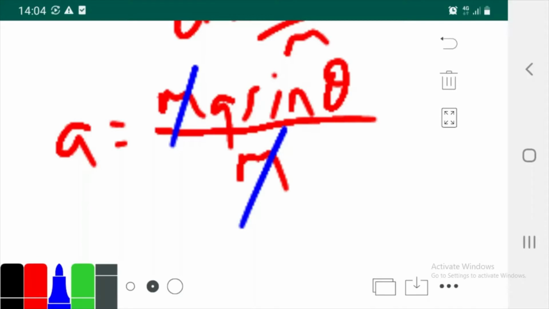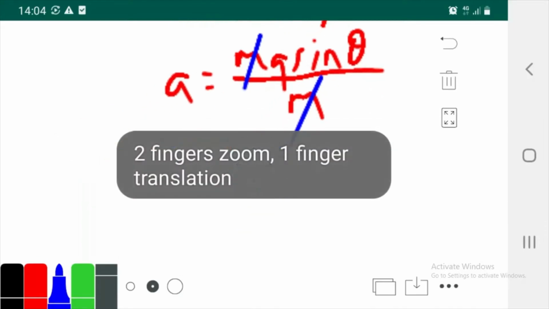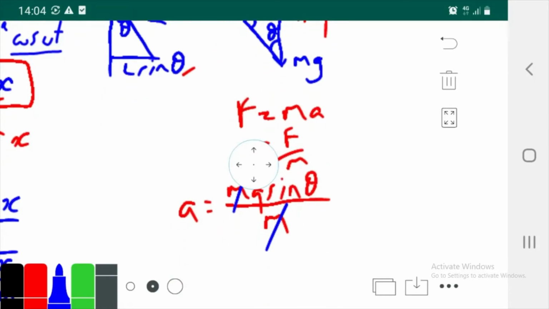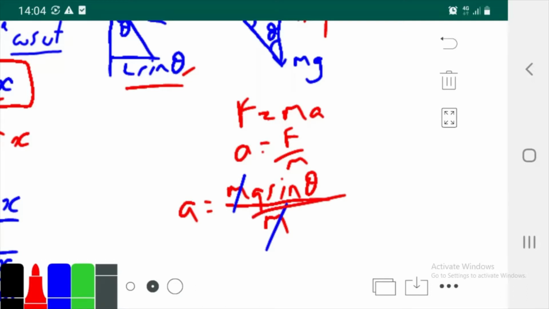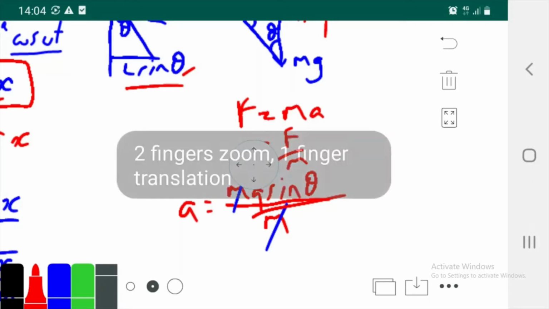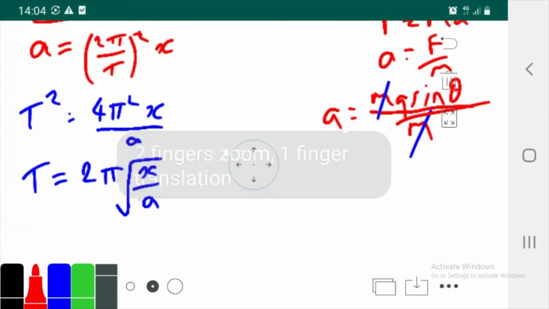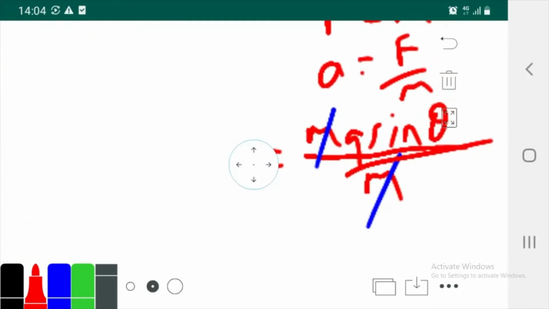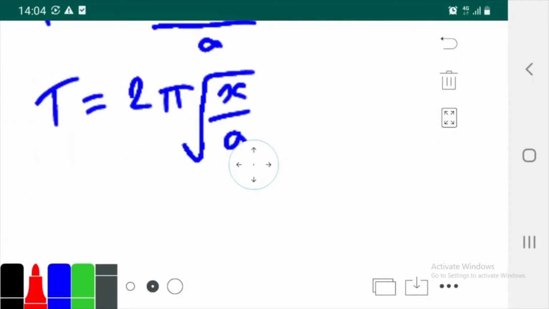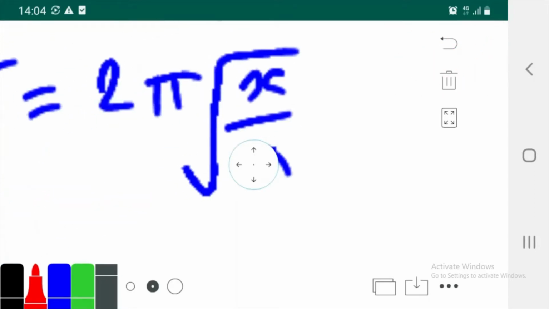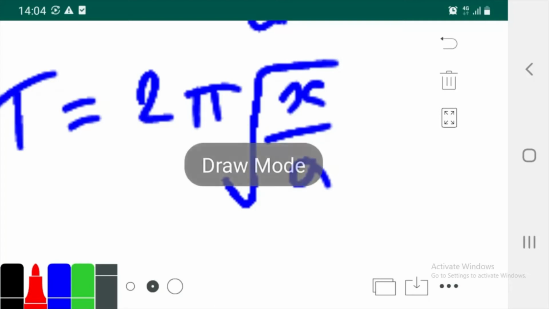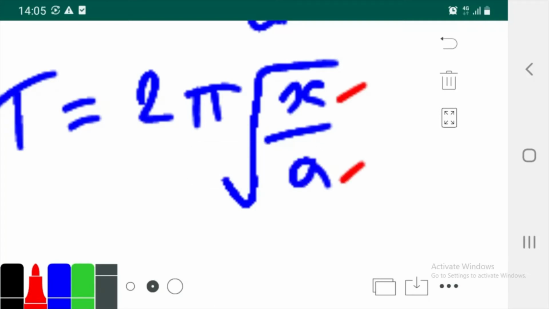Okay, and the x, if I zoom out a bit, I could see that the x component was L sine theta and a is g sine theta. So I can go ahead and go back down to my formula here, and substitute there and there. So I'll go right ahead and do that.